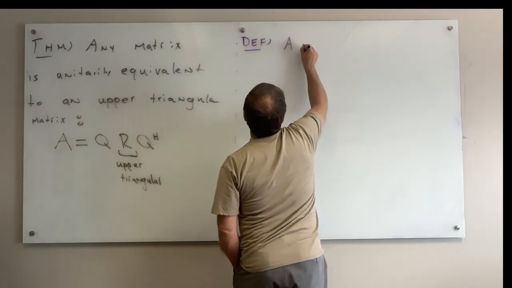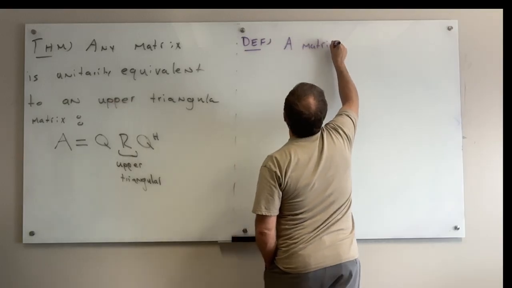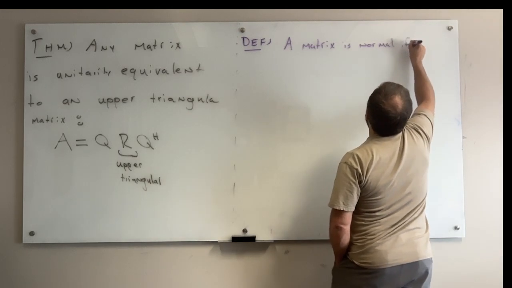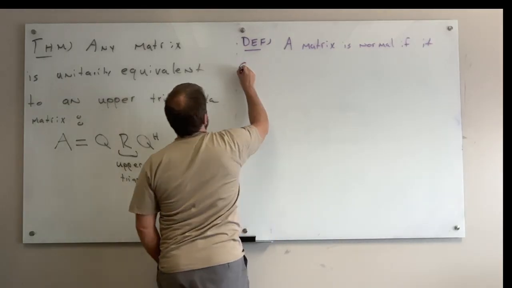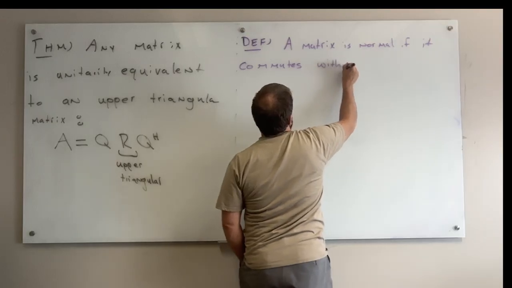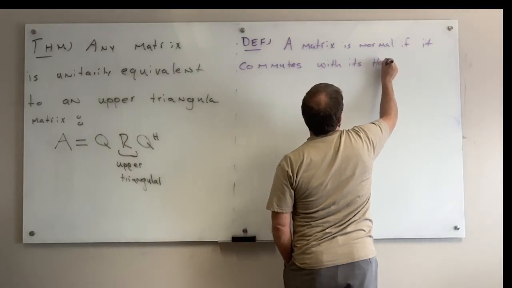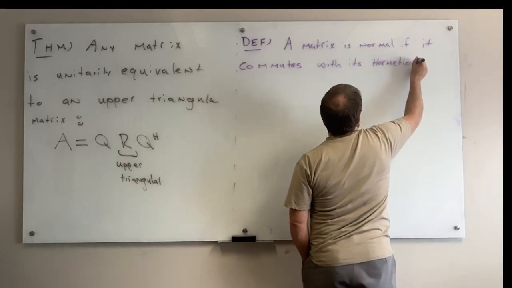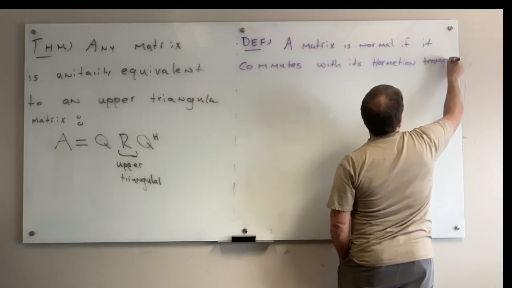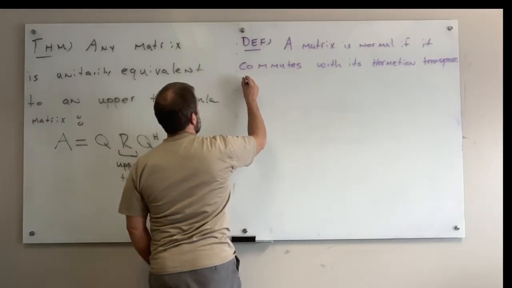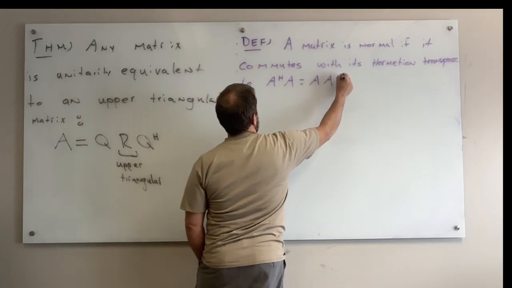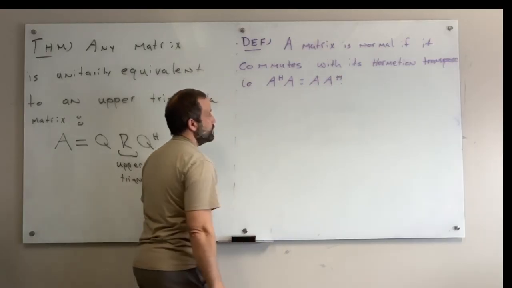Definition: a matrix is normal if it commutes with its Hermitian transpose, i.e., A^H A is equal to A A^H.